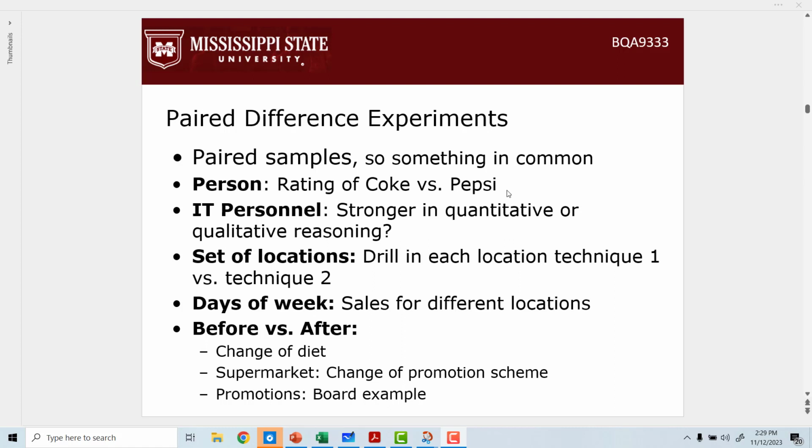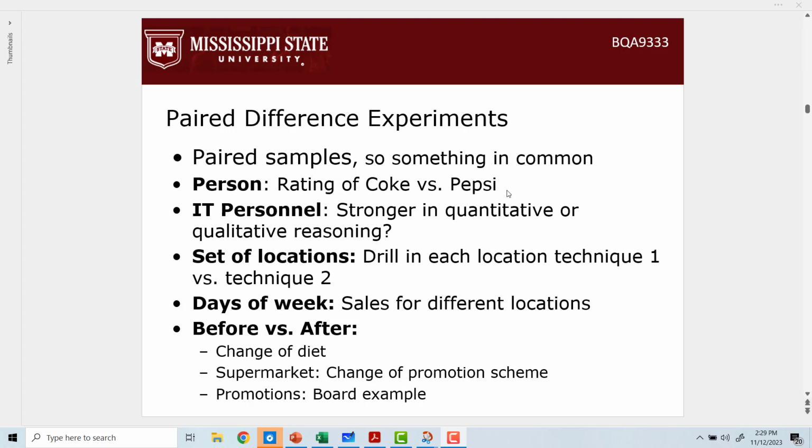We have somebody who rates both Coke and Pepsi. In this case, each of our subjects in the experiment will rate both Coke and Pepsi. We're not splitting up into two groups. Some other examples: a supermarket does a certain promotion and we look at sales before the promotion and sales after the promotion.